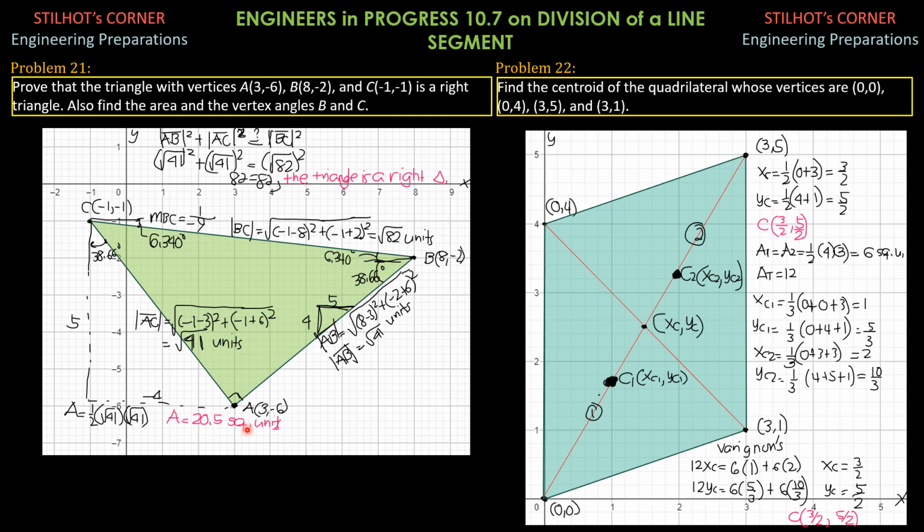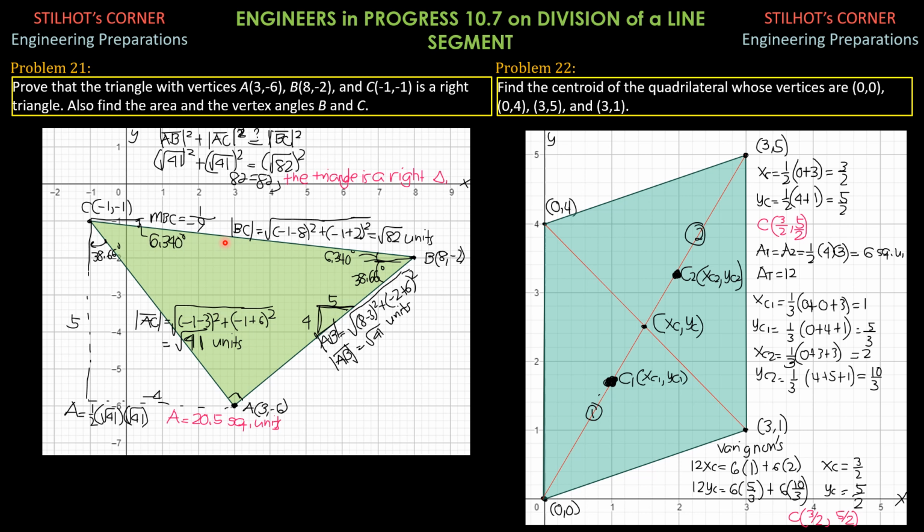For the vertex angles, first, the slope of BC, we just take it from here. So positive 1 over negative 9. Let's just make it positive 1 over 9. Inverse tangent using your calculator there.